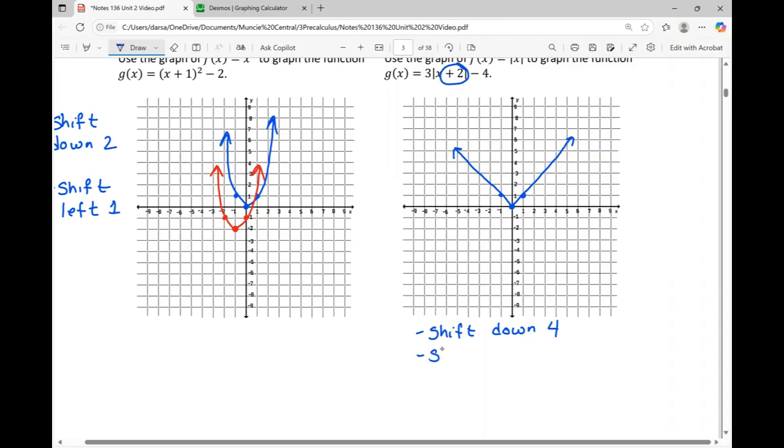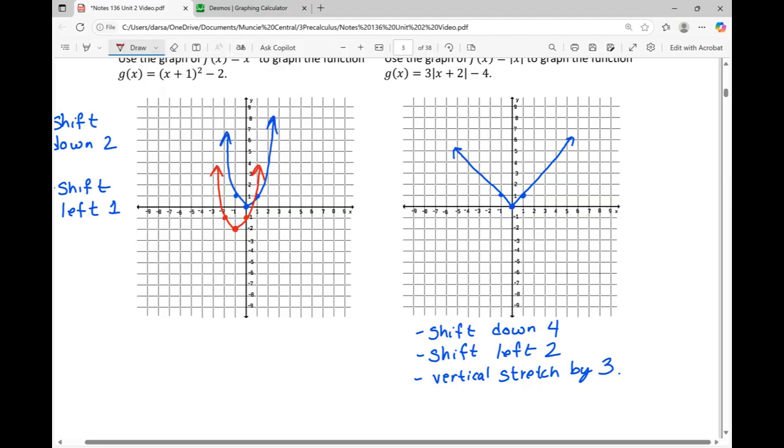This is going to be a shift left 2. And then we've got this third number now. What does multiplying on the front do? Well, since 3 is a bigger than 1 number, this is going to be a vertical stretch by 3.